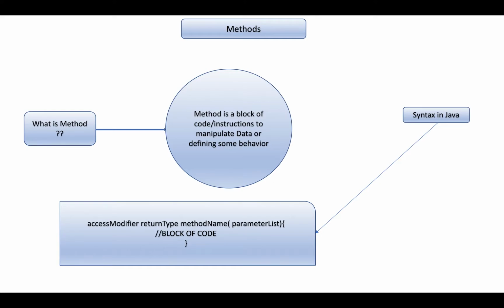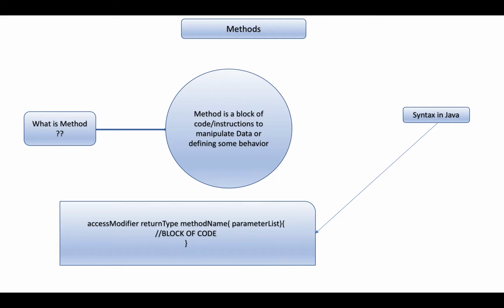So what is the return type? Return type is a data type, basically. If a method returns some value, either integer, float, or string, you have to mention the data type, the type of data that is returned by the method. Then the method name, then the parameter list.